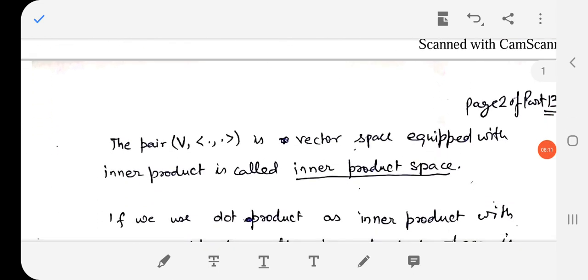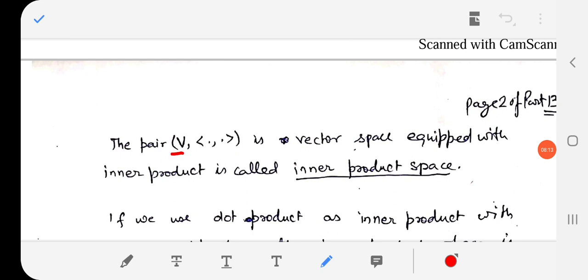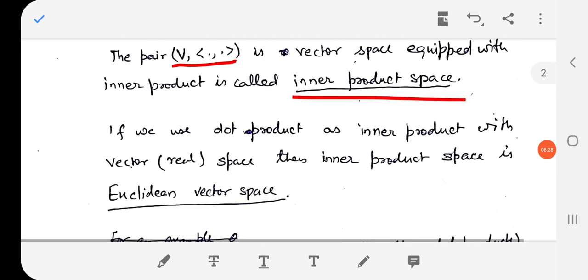And there is a small definition again. When a vector space V is equipped with some inner product, it is called an inner product space. The dot product is one of the special inner products.